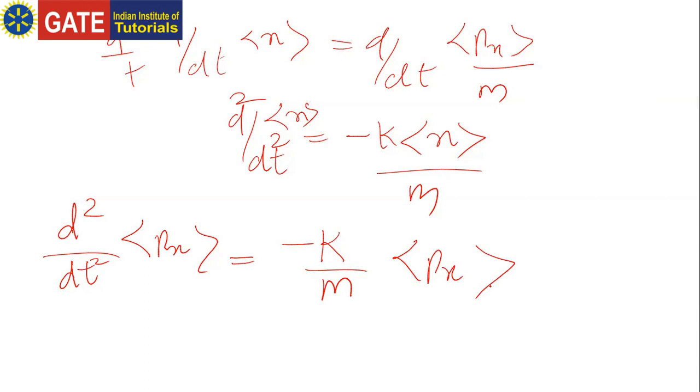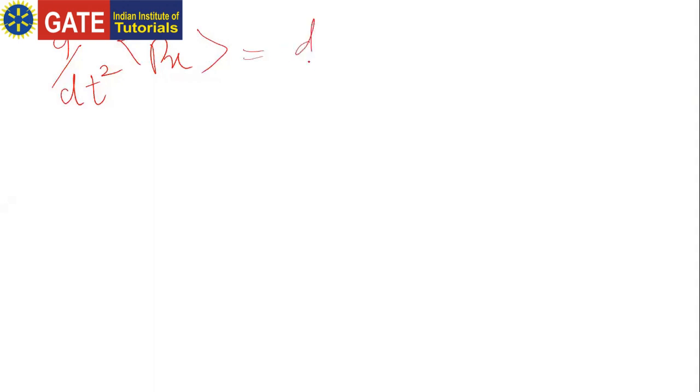Can you explain the last one? d square by dt square of expectation px. This we can write d by dt into d by dt of expectation px. I think this much is clear.